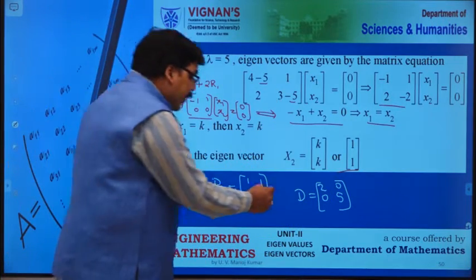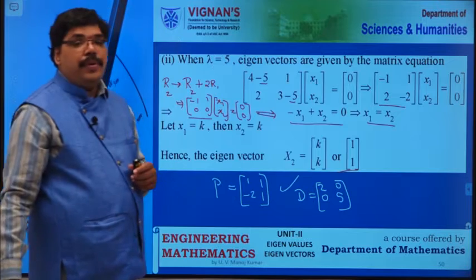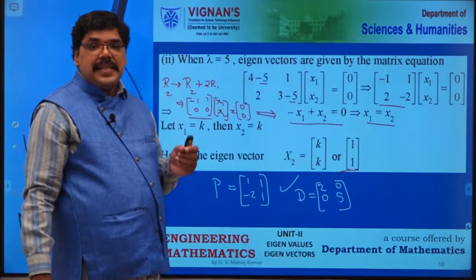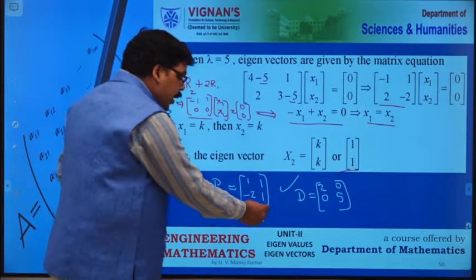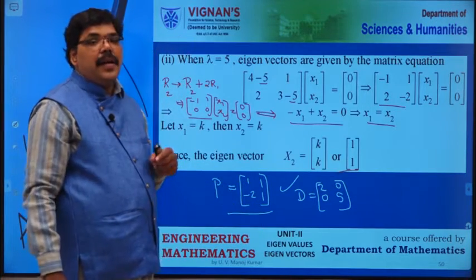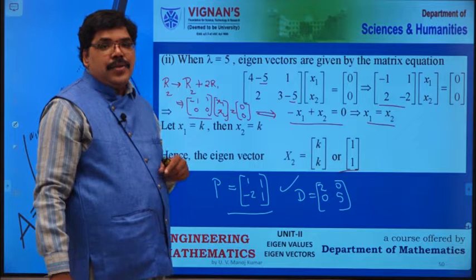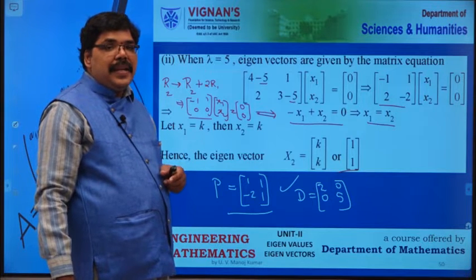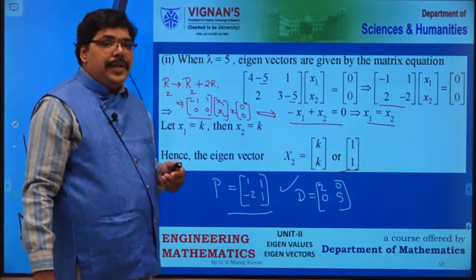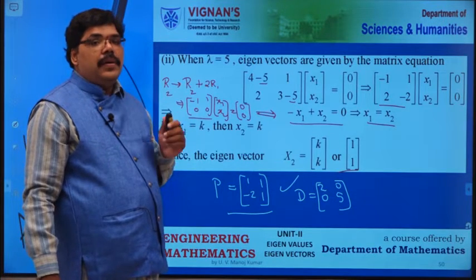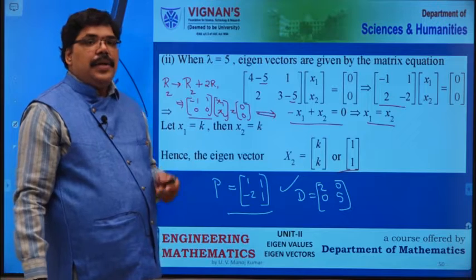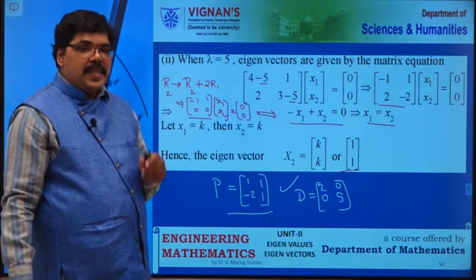So the given matrix A is reduced into D using the model matrix P. This is what diagonalization is. A is a 2 by 2 matrix, and we have reduced it into the diagonal matrix D using the model matrix P.